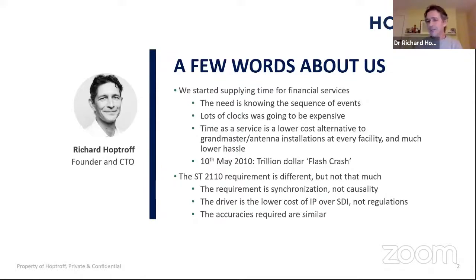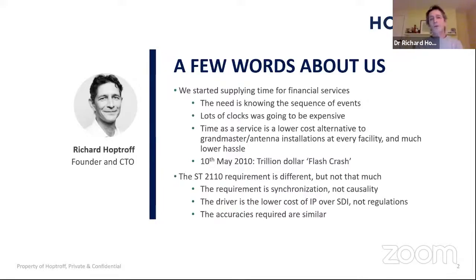But it was a far bigger problem for the regulators, because when you went back and looked at all the records of what happened, all these banks were trading with clocks that slightly differed. So you couldn't actually work out who did what when. And so nobody has ever come to the bottom of the cause of that event.